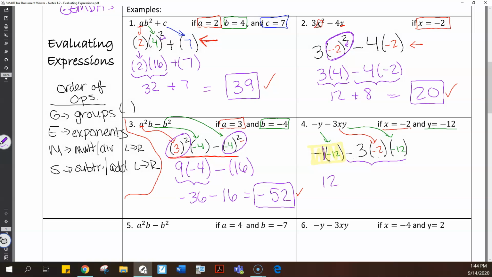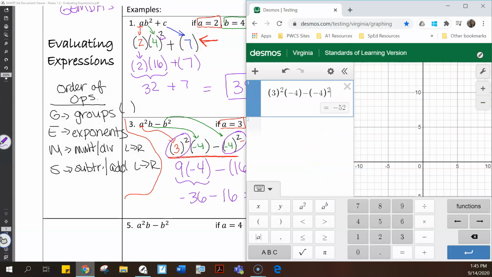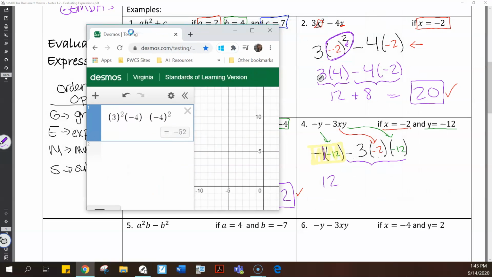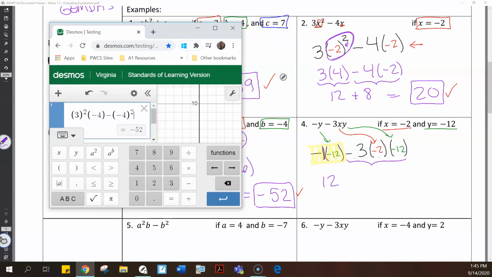I can do -3 times 2 and then multiply that product by -12, or I can do them all together, particularly if I'm using Desmos or a TI calculator. So I can do -3 parentheses -2 parentheses -12. That's going to give me -72.